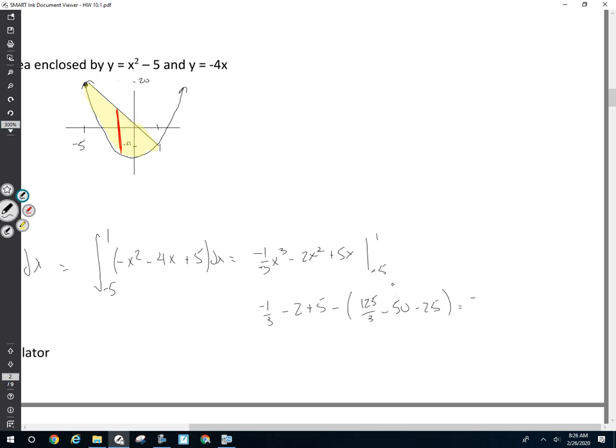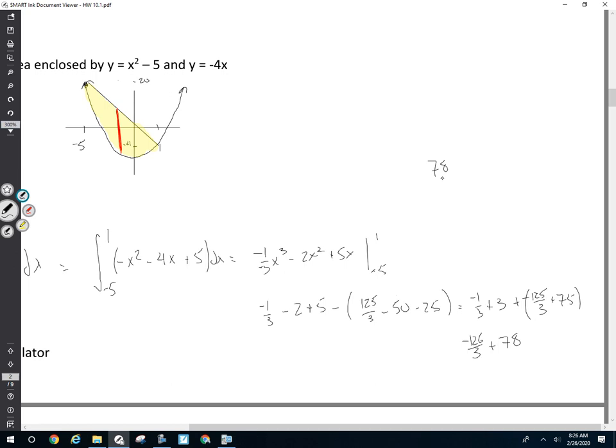I got -1/3 plus 3. And then I got -125 thirds minus 75. Add the opposite, I'll get -126 thirds plus 78.